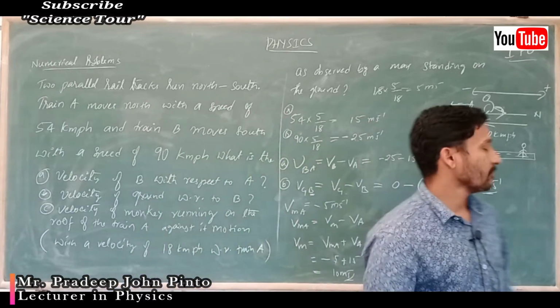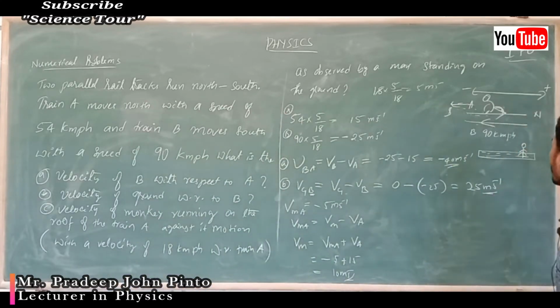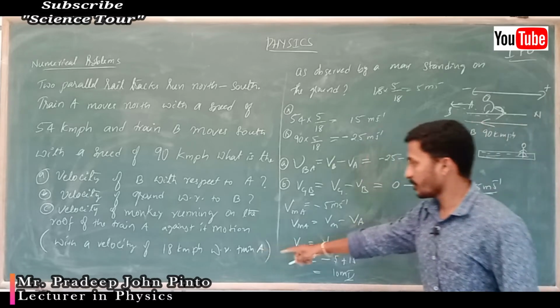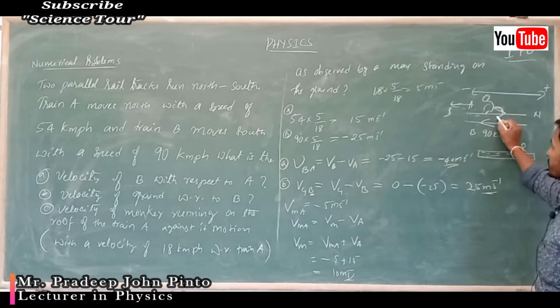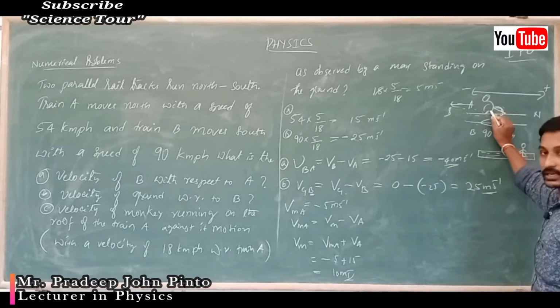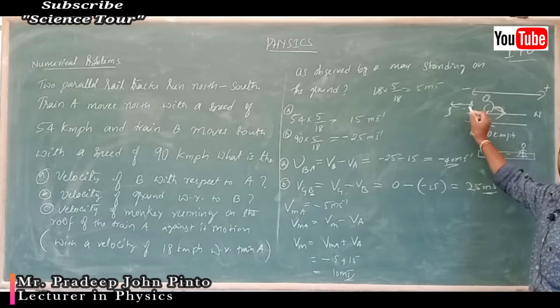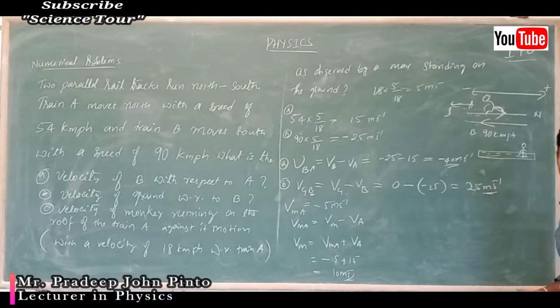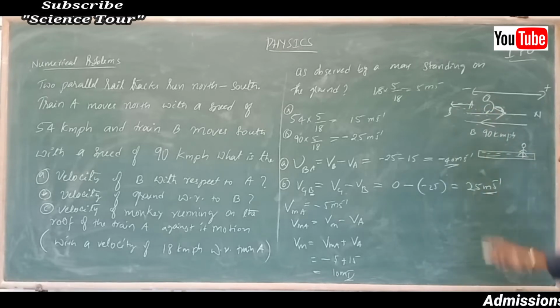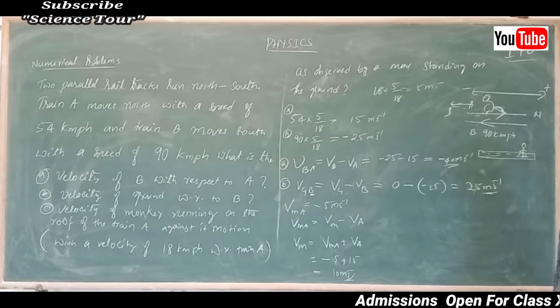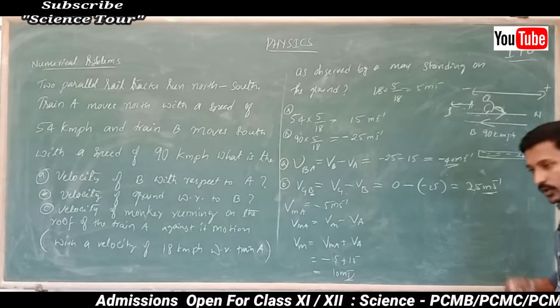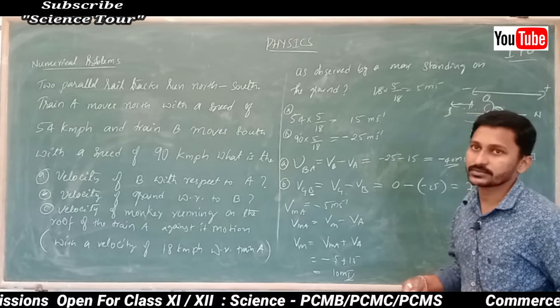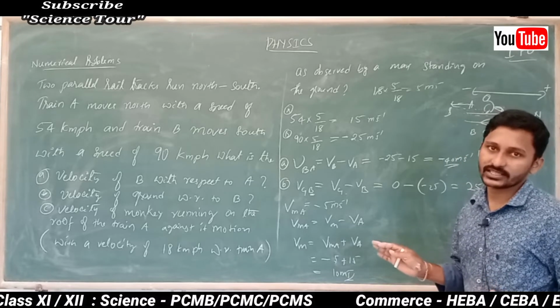Means the monkey seems to be moving with respect to train A. If you are on train A, what does it seem for you? You are looking at the monkey actually moving in the opposite direction. But if you are outside, the velocity of the train is larger, so however fast the monkey moves, it can't move faster than the train.